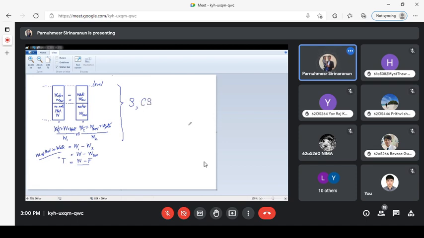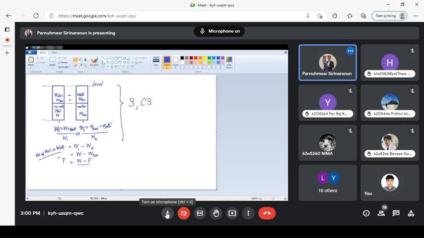Okay. So when you do the lab, you have two methods. One is the direct method. The direct method is what? You have the device, and you can measure with some basket.